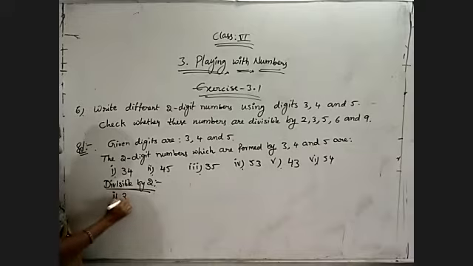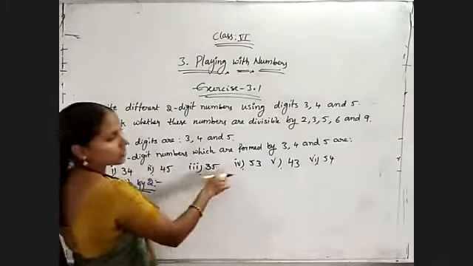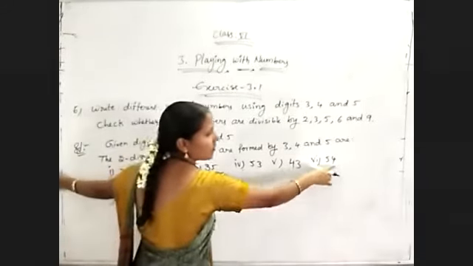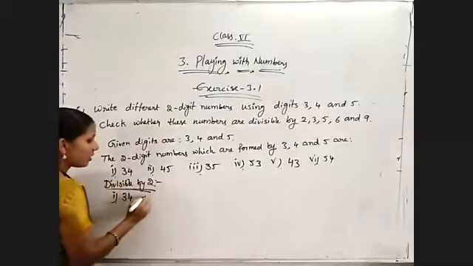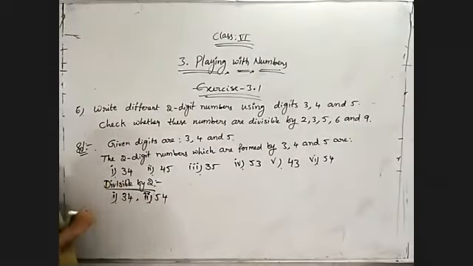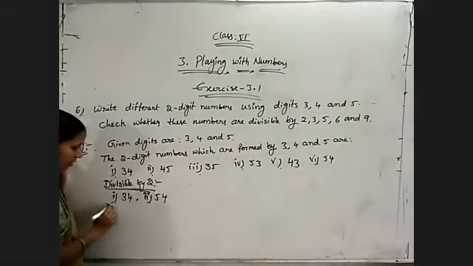First number is divisible by 2 because 4 is there in the unit place. 45, 5 is there, so it is not divisible. 5 is there, not divisible. 3 is there in the unit place, not divisible. 54 having 4 in the unit place, so it is divisible by 2.